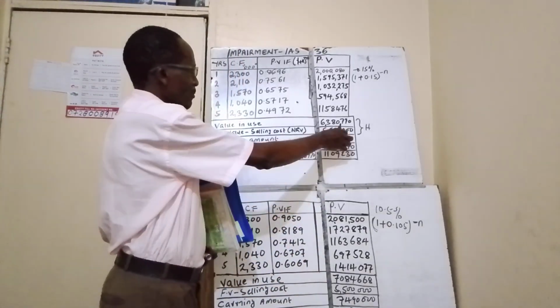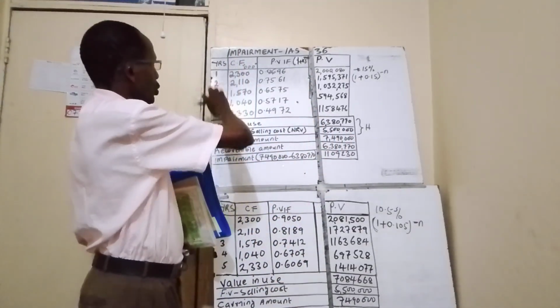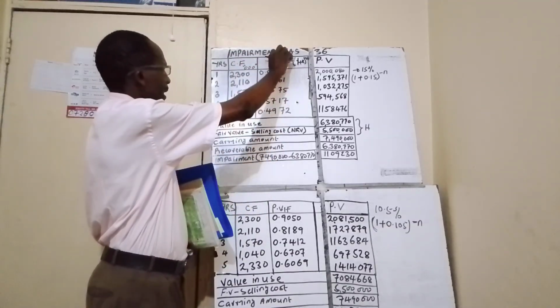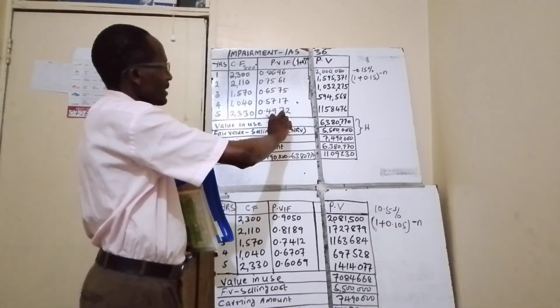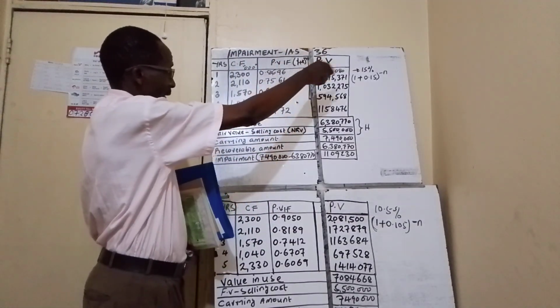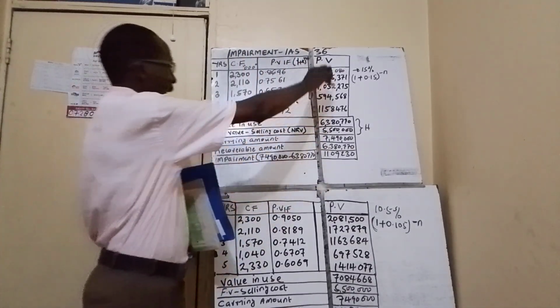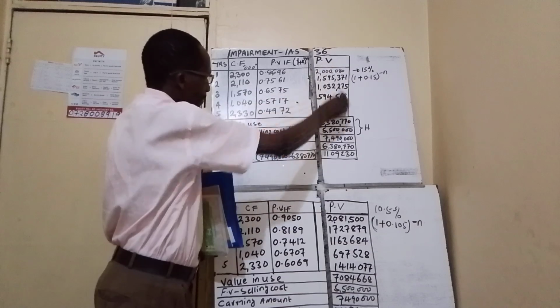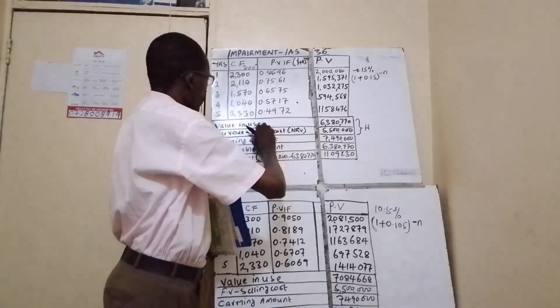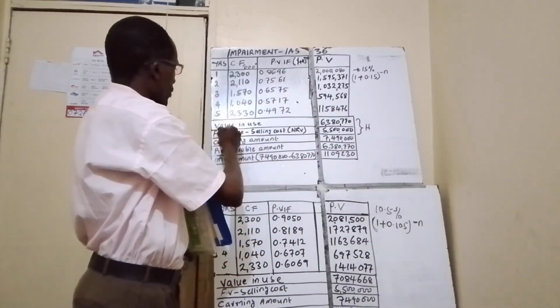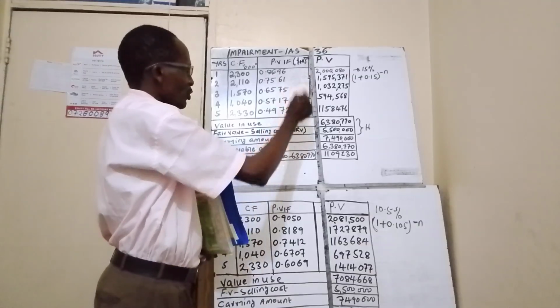So, for example, here, I took all my cash flows, then I calculated present value interest factor, that is 1 plus 15% raised to negative n throughout. I got these present values, summed them together to get value in use, and then I compare with fair value minus selling cost.